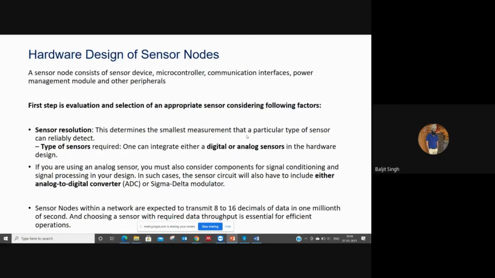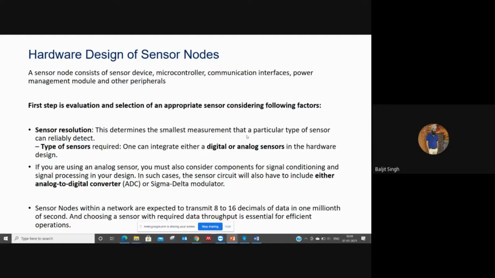Hardware design of sensor nodes. We have just discussed in the previous slide that the microcontroller is connected to various sensors which are measuring any physical signal: temperature, pressure, relative humidity, viscosity, any kind of measurement as per your application.